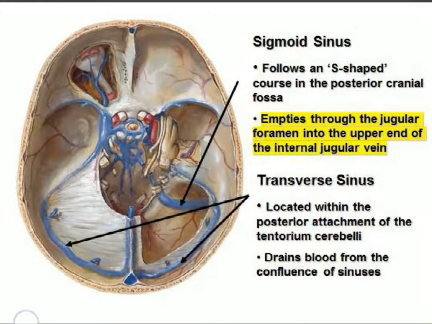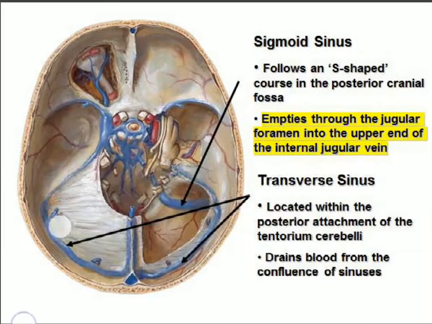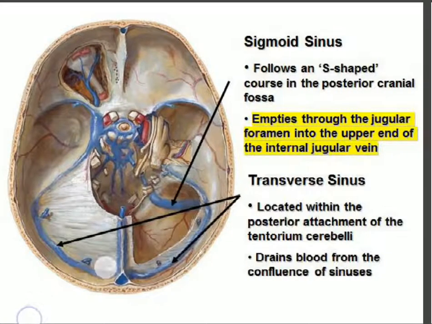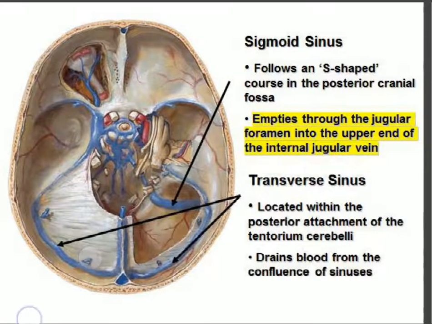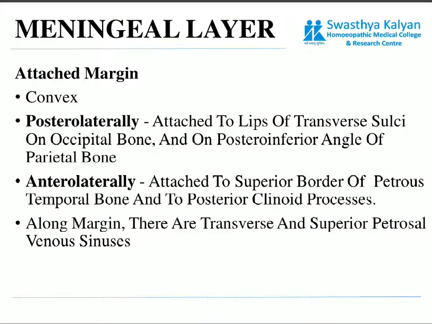So you can see that the attached posterolateral part of the tentorium cerebelli is attached to the lips of these. This is a transverse sinus, and the area where it is located is the transverse sulcus. Anterolaterally, it is attached to the superior border of the petrous temporal bone and to the posterior clinoid processes.